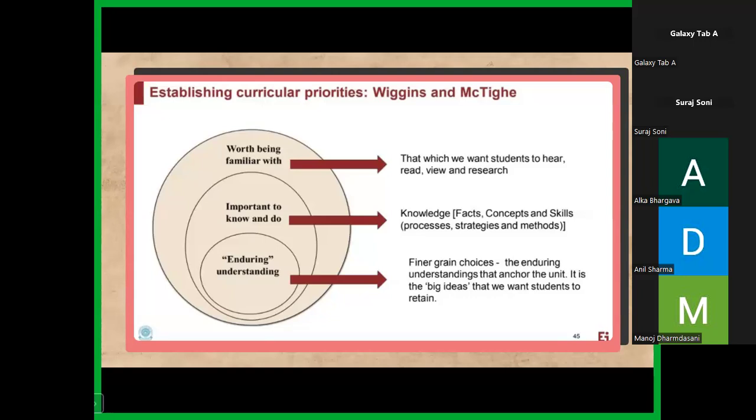Now, second is important to know and do, which is knowledge, where we are talking about facts, concepts and skills. Right? Now, this is something which is more important than worth being familiar with. So these are the things which we can take up for our FRQs. And when we move on to enduring understanding, these are the basis of the chapters.